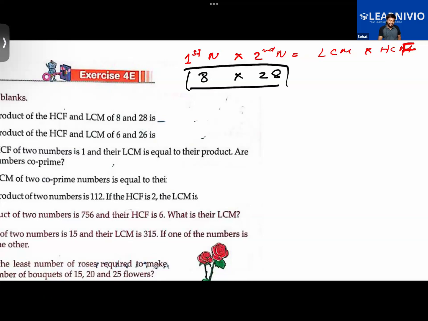I said that product of LCM and HCF means LCM multiplied with HCF. Yes, Habib, the product of LCM and HCF means that LCM is multiplied with HCF, and as per the rule we have learned, it will be the same as the product of the given numbers. So that would be how much? Simply multiply it and find out the answer.